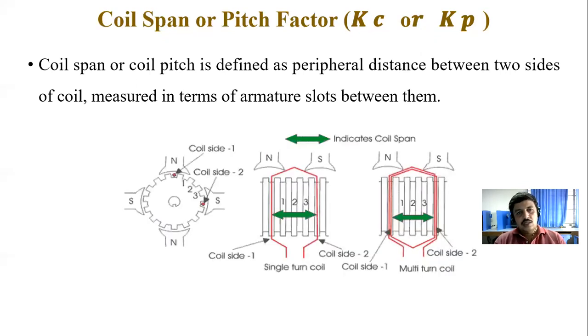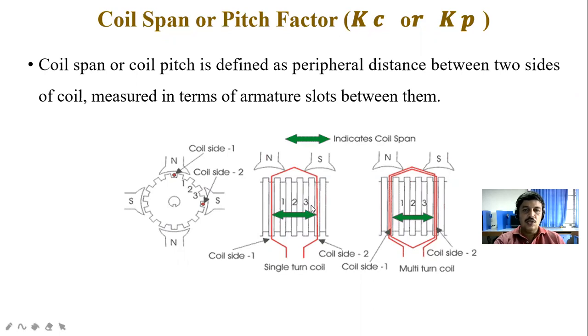Let us consider a simple schematic representation of a four-pole alternator. Here, one coil side of a coil is placed under the influence of the N pole, and the other coil side is placed under the influence of the adjacent S pole. In between these two coil sides, there are a total of three slots, marked 1, 2 and 3, so the coil sides span three slots.